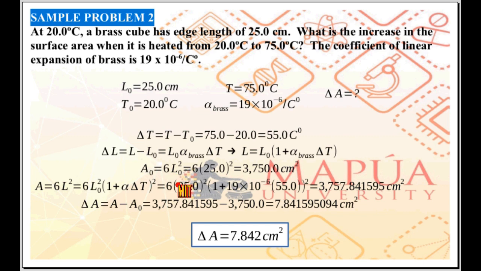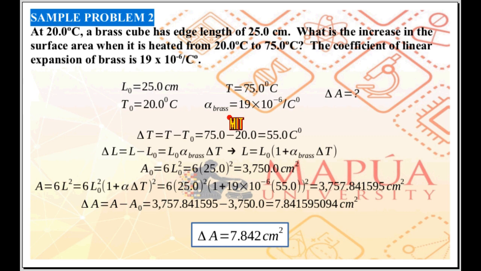Another way of doing this is, first we calculate the initial area. Knowing the initial area, we can use the area expansion equation. Delta A is equal to A naught sigma times delta T. Sigma of brass we can get from alpha brass.